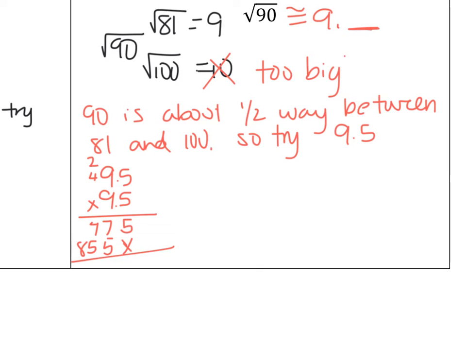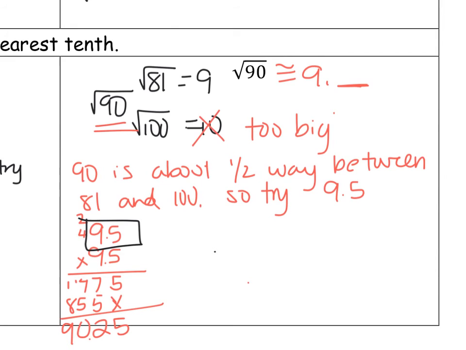So when I add those two together, I get 5, that gives me a 12, that gives me a 0, and that gives me a 9. So I get 90.25, which is very close to 90. So that means that we can use 9.5 as an estimate for our square root of 90. So the square root of 90 is about 9.5.